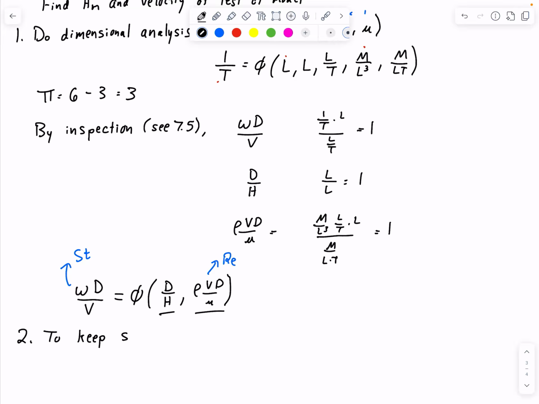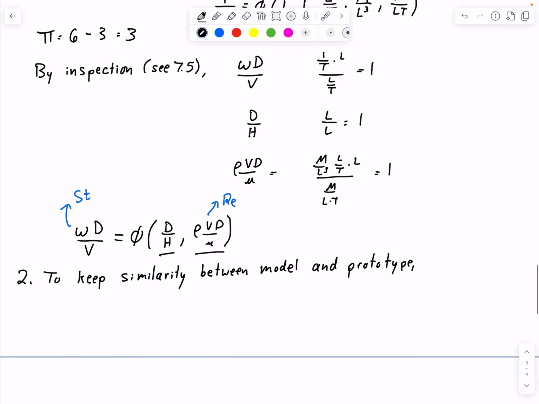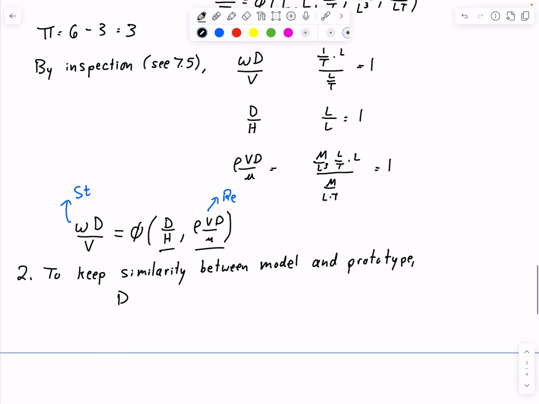So to keep similarity between the model and prototype, we would say that d sub m, that's d of the model, divided by h sub m, the h dimension of the model, is equal to d over h for the prototype.